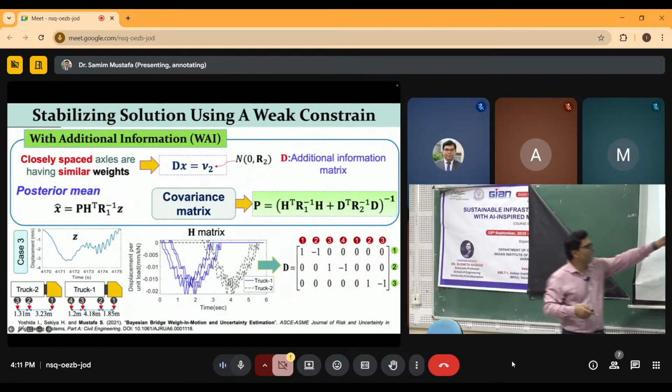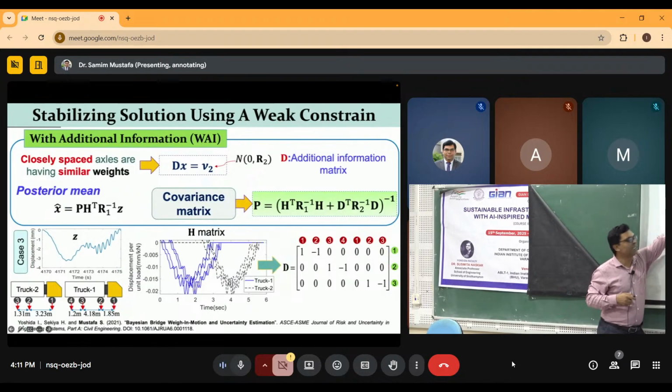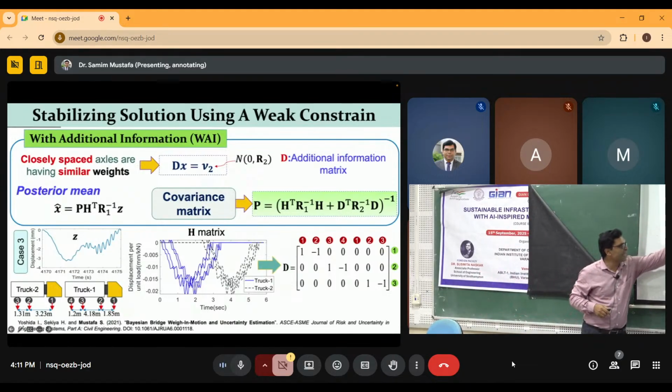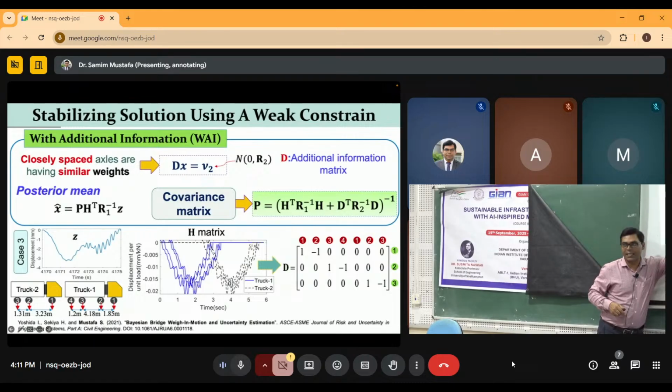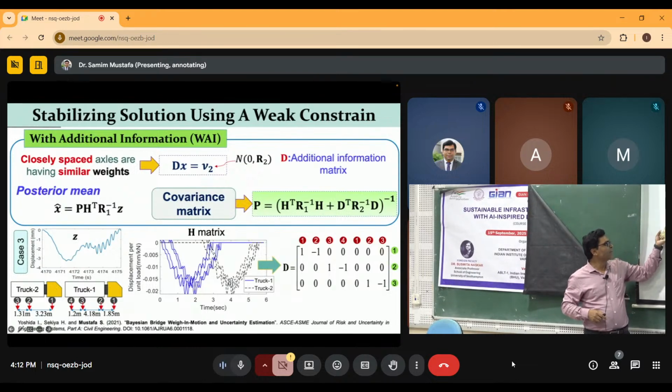A 4 axle vehicle is running forward, followed by a 3 axle, therefore there is a larger peak, then a smaller peak. Both are running inline. So there are 3 sets you can see: the first and second axle of truck 1, the third and fourth axle of truck 1, and the second and third axle of truck 2 are closely spaced.